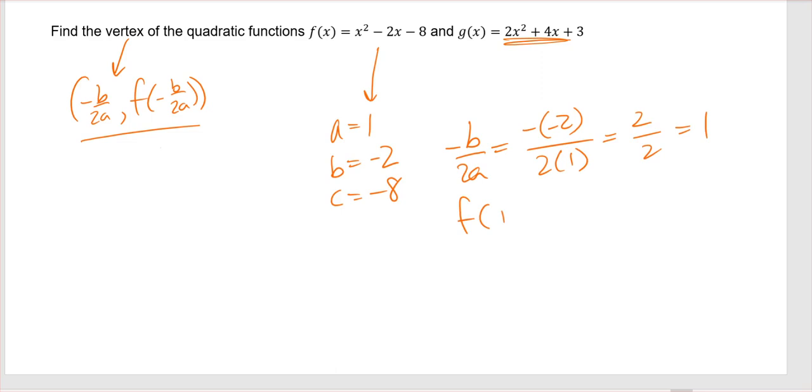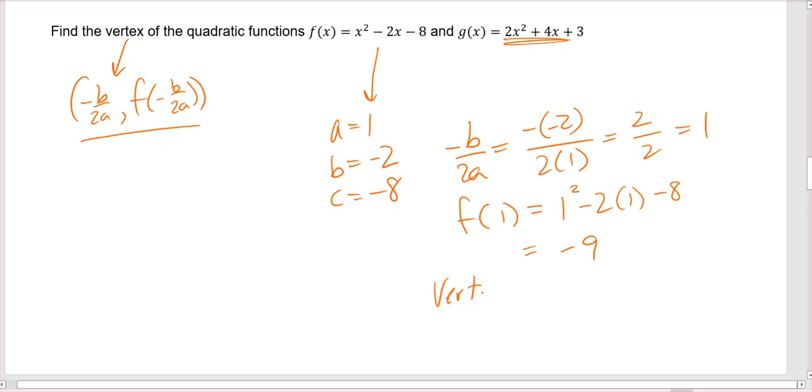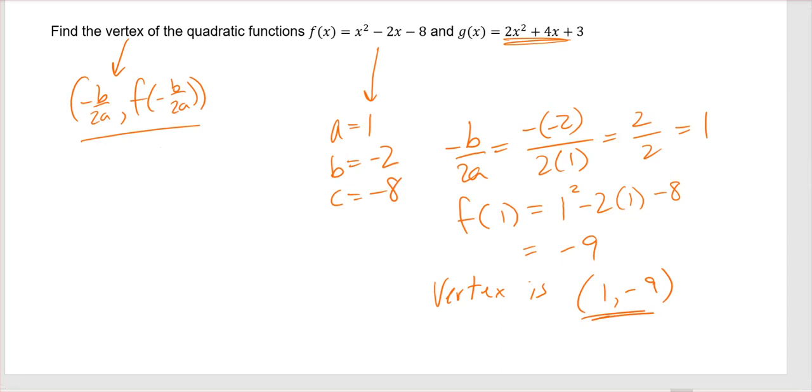And now I can say f of 1. We can just find that function value. So I got 1 squared minus 2 times 1 minus 8. So we have 1 minus 2 would be negative 1, minus 8 would be negative 9. All right. And we would go ahead and conclude that the vertex is 1 comma negative 9. And we're done.